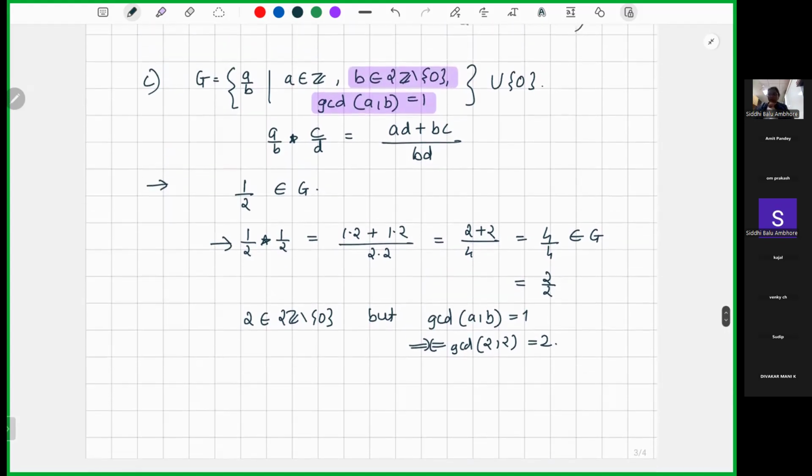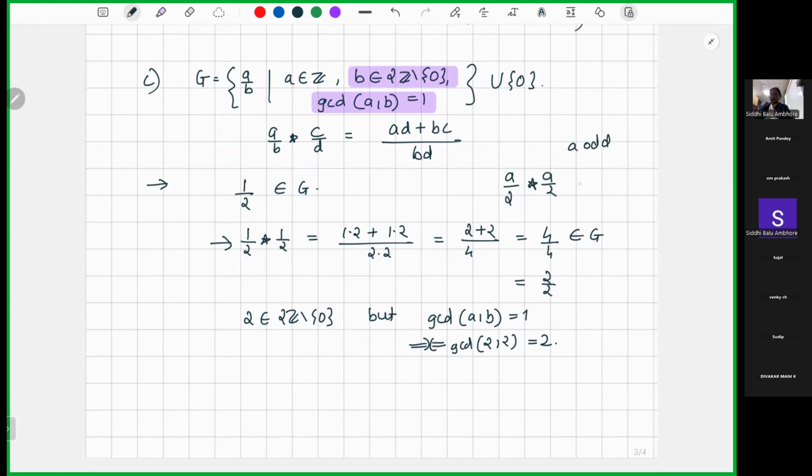Okay, any doubt here? Like how this is not happening? We want the denominator to be even always, and the GCD of A comma B to be 1. So if I choose the numerators such that they add up to an even integer, for example any A by 2 star A by 2 such that A is odd, then this will be 2A by 2.